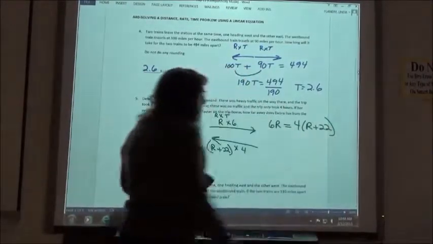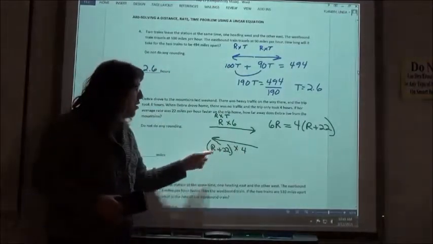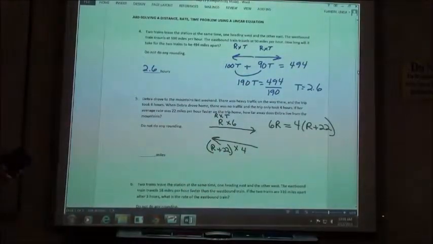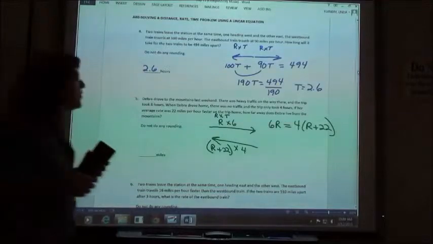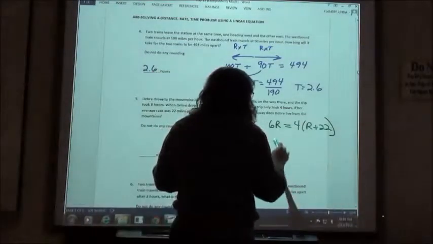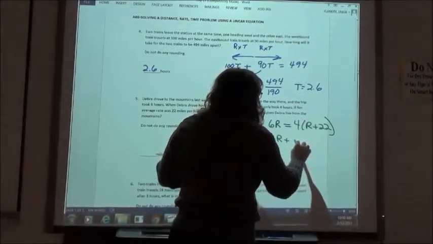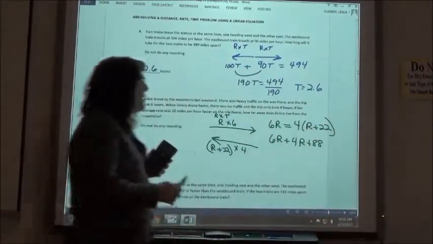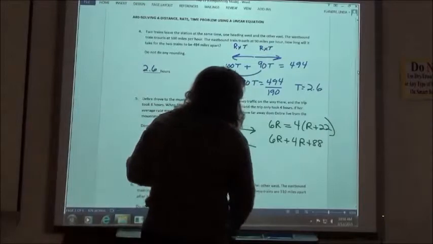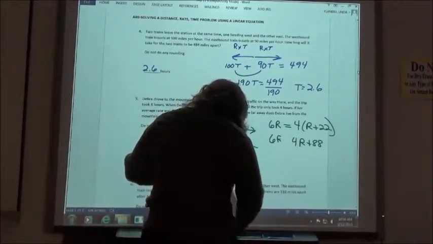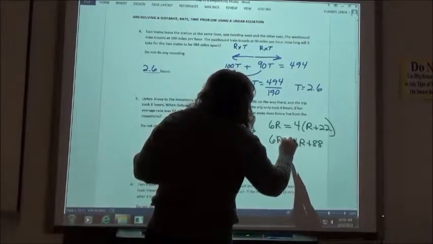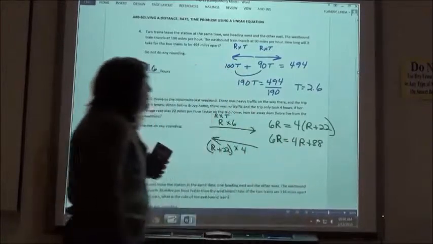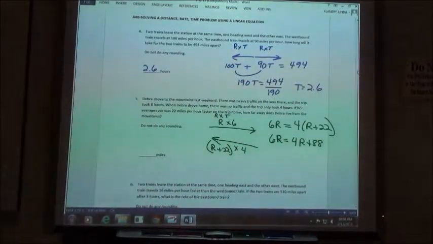So it looks nice, right? If I take 4 times R plus 22, I can write it as 4 times R plus 22. So now I have an equation I can solve. 6R equals 4R plus 88, using my distributive property. 6R equals 4R plus 88.